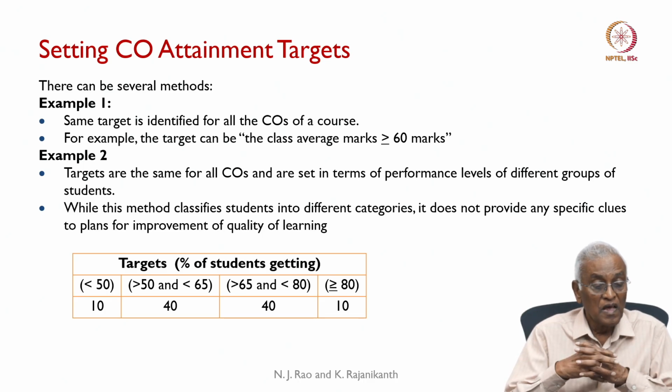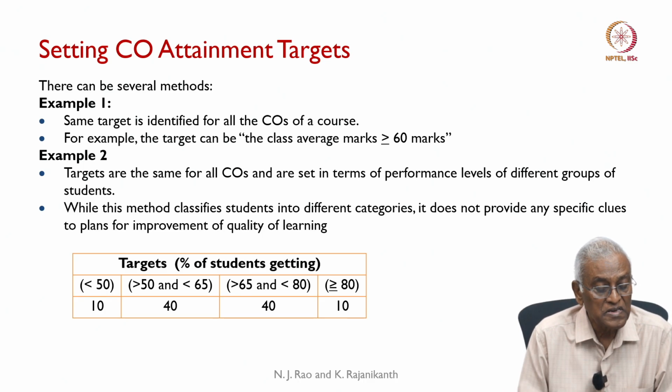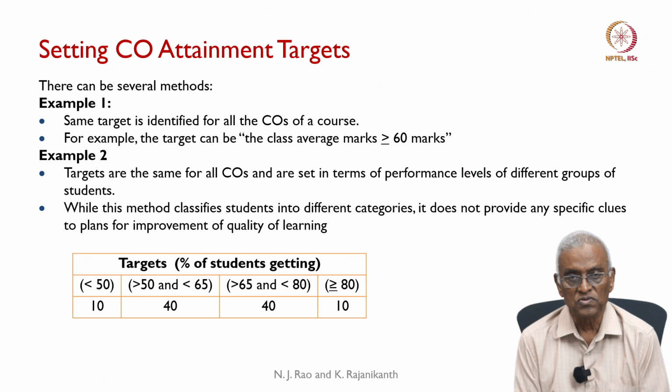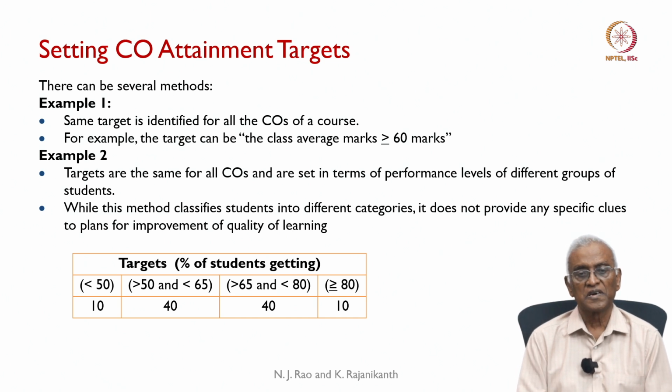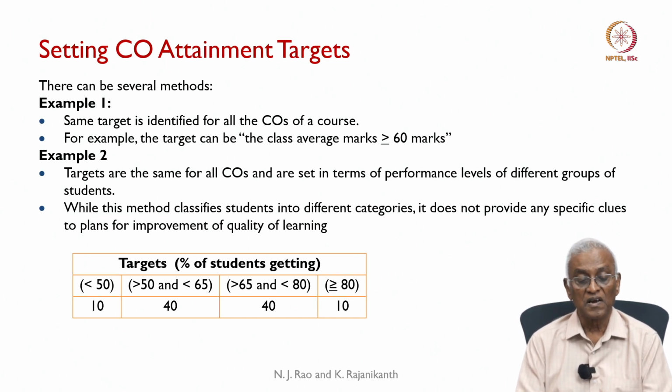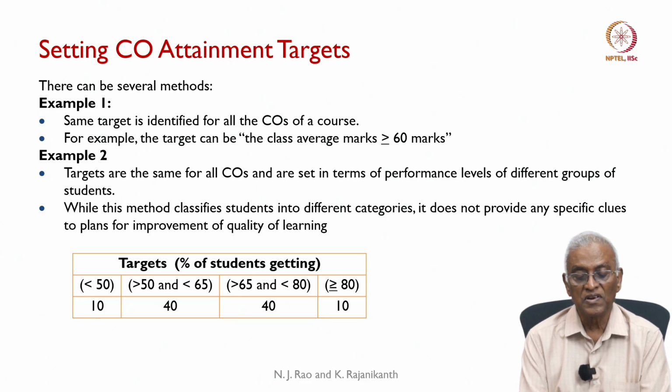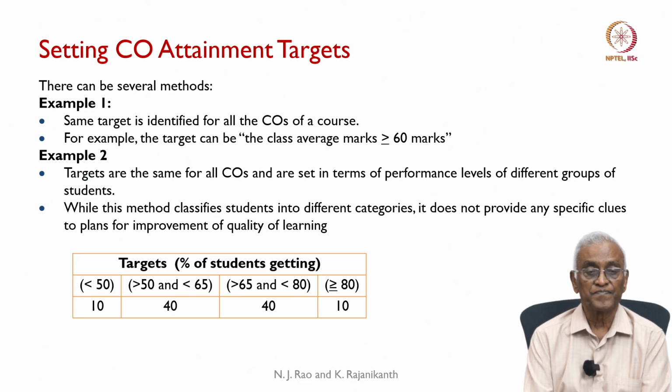Okay. So one example of setting targets: the same target is identified for all the COs of a course. I don't differentiate. But how do I set it up? The target can be that the class average marks is greater than 60%.